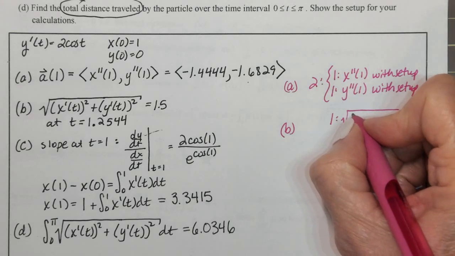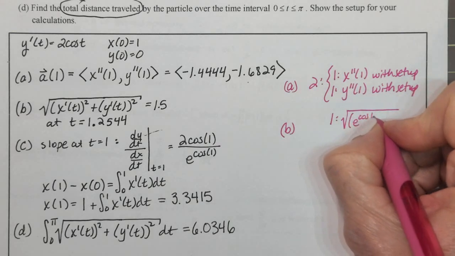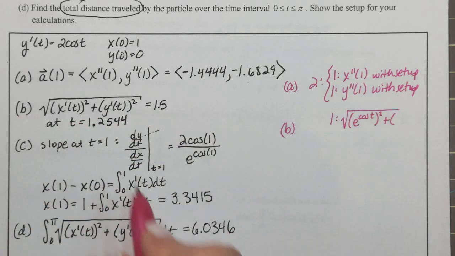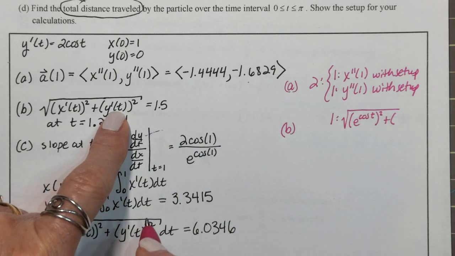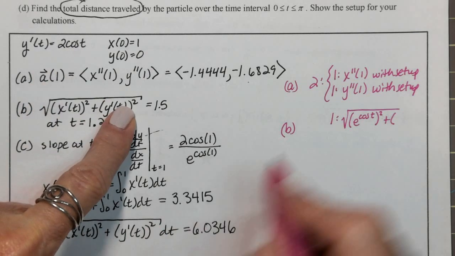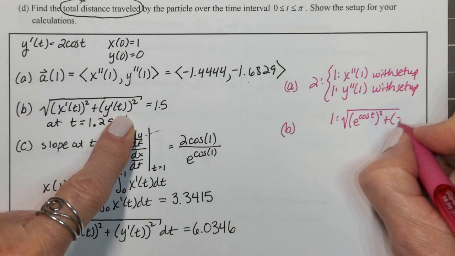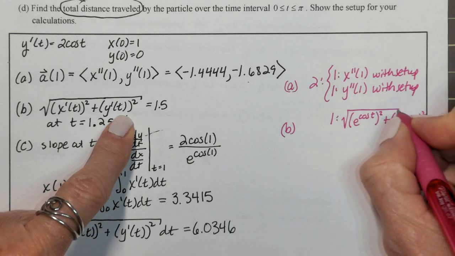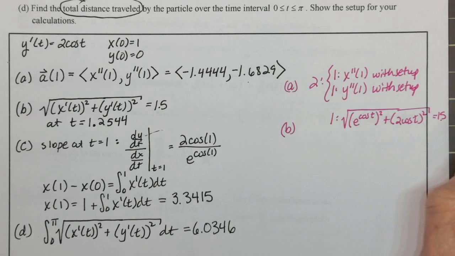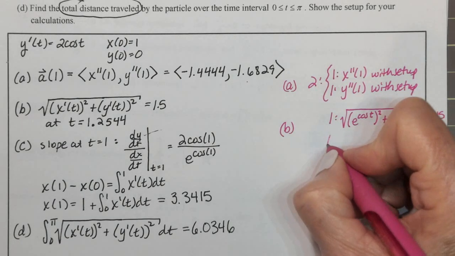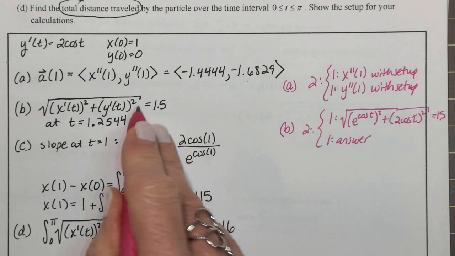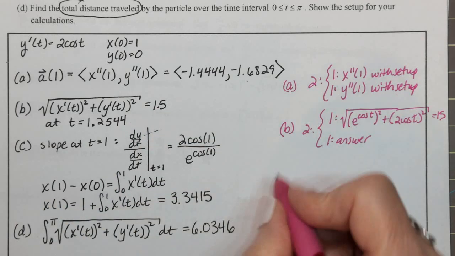The speed equation, they wrote it out on their ideal solutions. They wrote it out like this, but what we did was perfectly fine. However, you cannot use y prime notation if you don't say what y prime is. So 1 point for setting up that equation, and then 1 point for your answer. Essentially exactly what I wrote down.